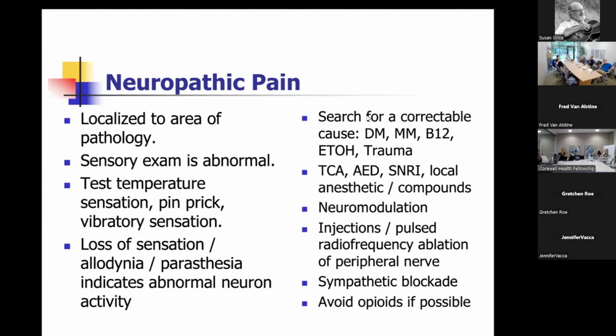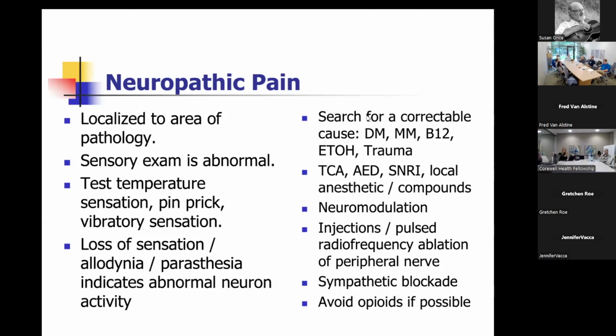In terms of interventions, we have the tricyclic antidepressants, which have been the standard for this for years. They've sort of been replaced by the anti-epileptic drugs, specifically the gabapentinoids. SNRIs are becoming more popular for that. Local anesthetics can work, whether that be lidocaine patches, for example, or compounded creams.